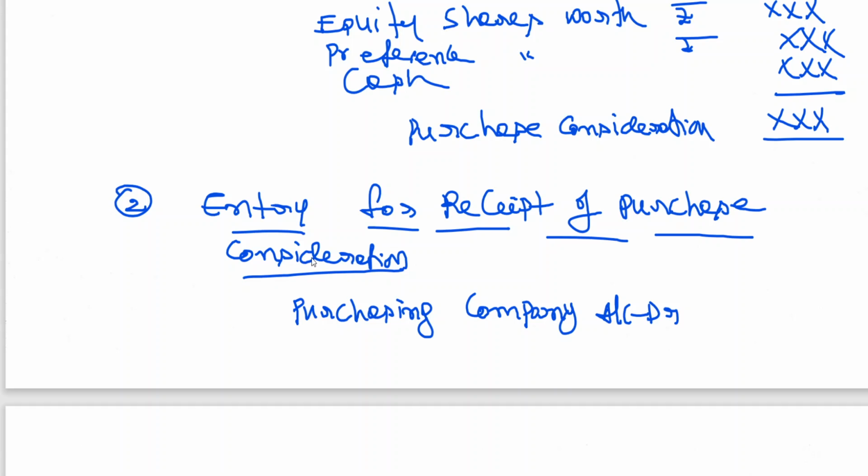Sorry, just a minute. Entry for receipt: you will be receiving that purchase consideration, whatever has been mentioned there.